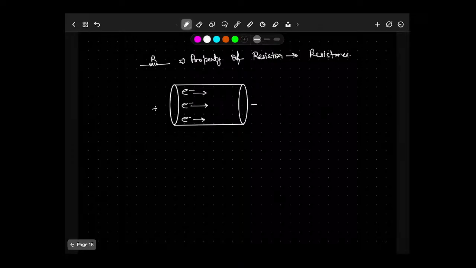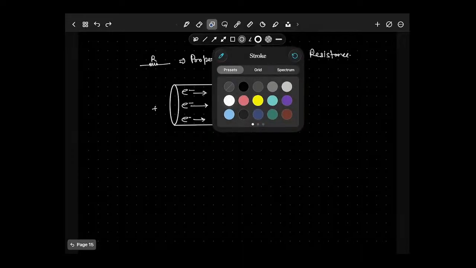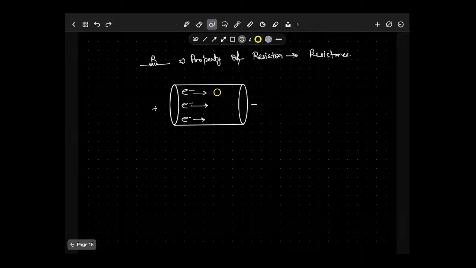So there are many things which can resist the flow of an electron. For example, other atoms can also resist the flow of electrons. Suppose the conductor consists of many atoms.